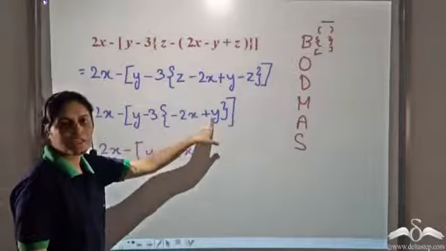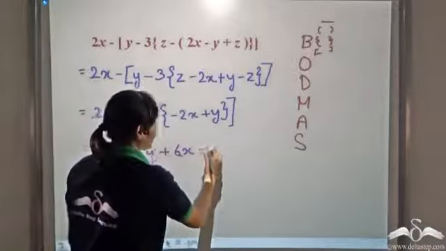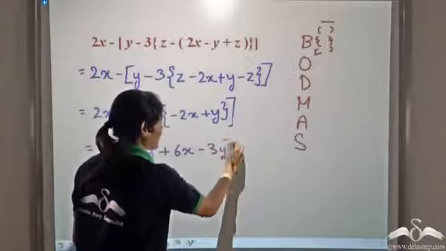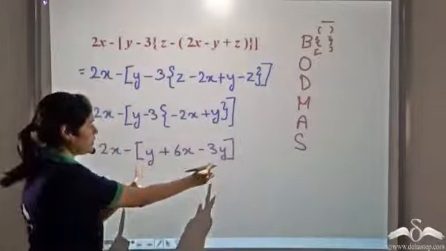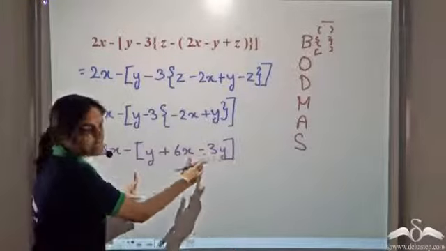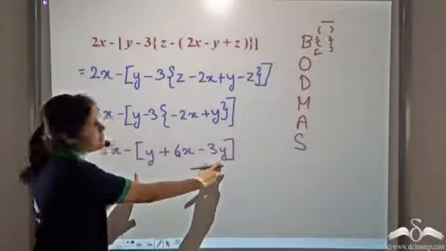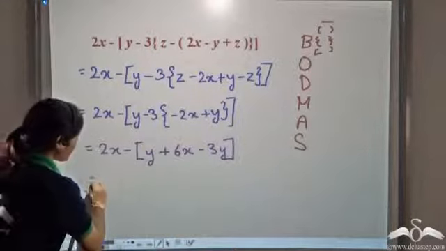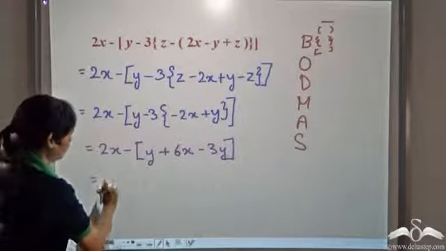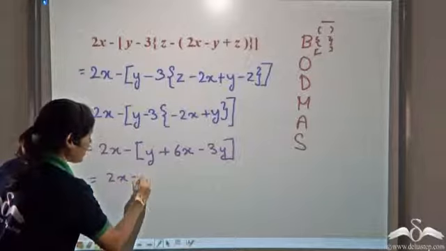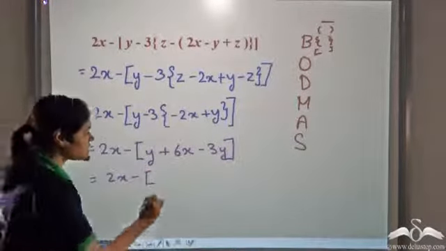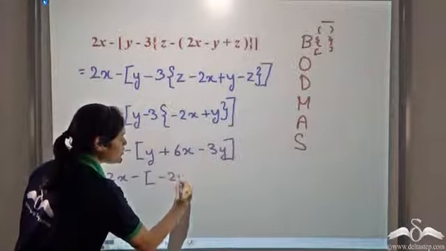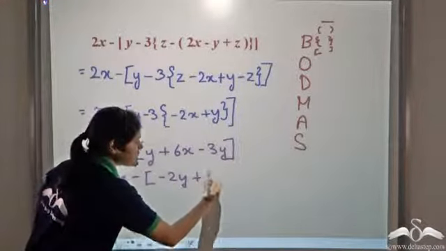Negative 3 into y gives us minus 3y. Now we have to consider this bracket. So do we have like terms? Yes, we do have like terms. So first let us combine the like terms together. 2x minus y minus 3y gives us minus 4y plus 6x.